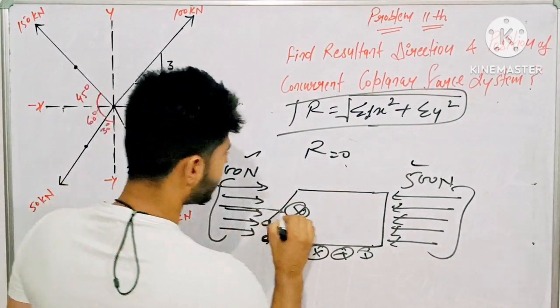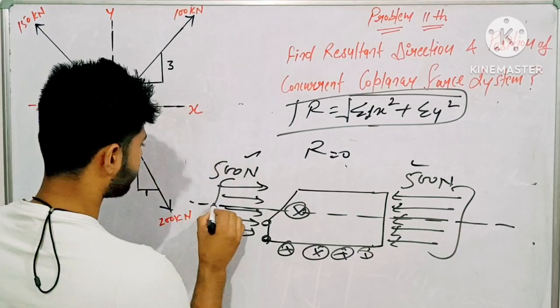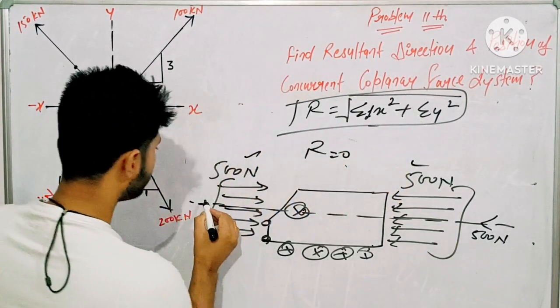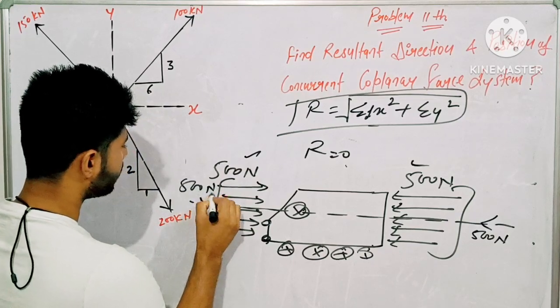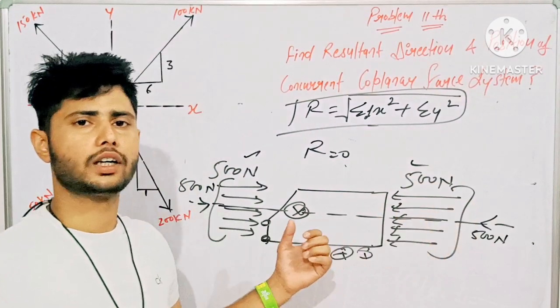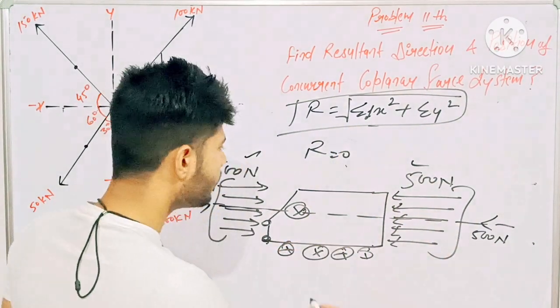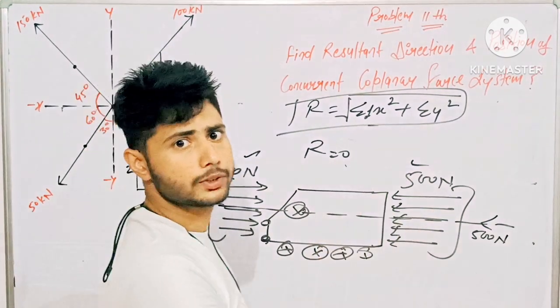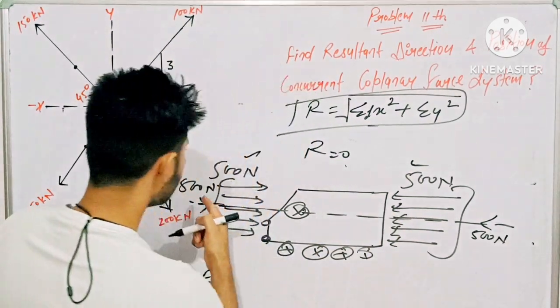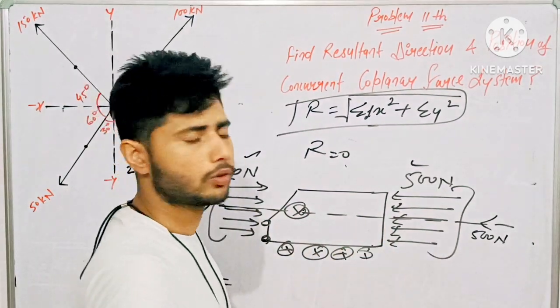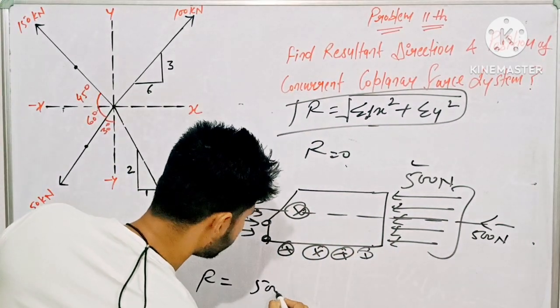Suppose this is the x-axis, and this is 500 Newton of force in the backward direction and this is 500 Newton of force in the forward direction. Then you can find the resultant easily. R is equal to the root of the summation of F x squared. The summation of F x here: 500 Newton is going in the right side direction, so you have to take it positive, 500 plus.